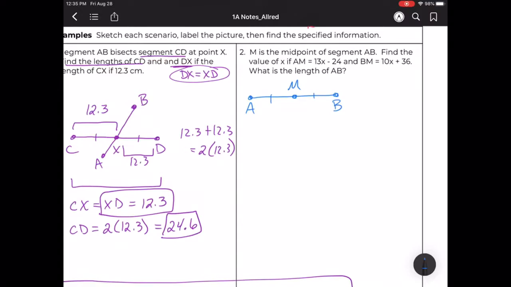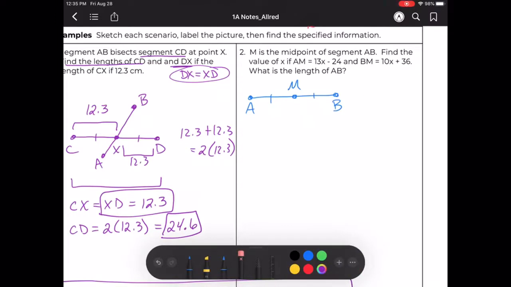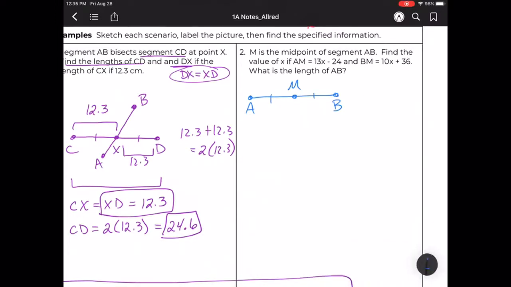All right? It says to find the value of x if AM, this portion, is 13x minus 24, and you can write it like that, or you can just write it directly in here, 13x minus 24, and BM, which is the other side of my segment, is 10x plus 36.